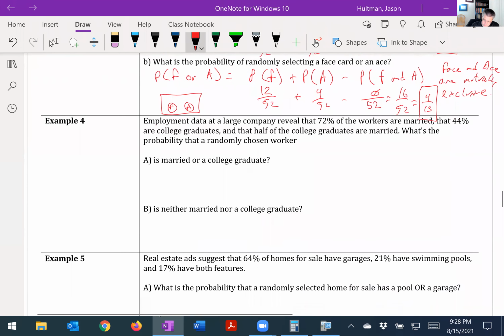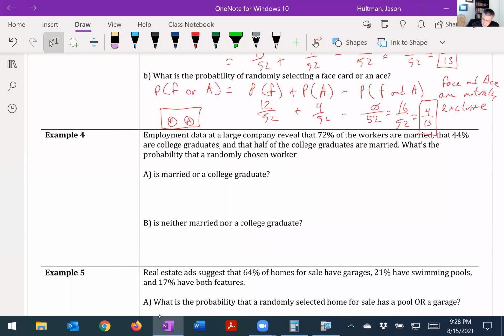Okay, employment data at a large company, example 4, revealed that 72% of workers are married, that 40% are college graduates, and half of the college graduates are married. Okay, so 50%, that's what half means. 50% of the college graduates are married.